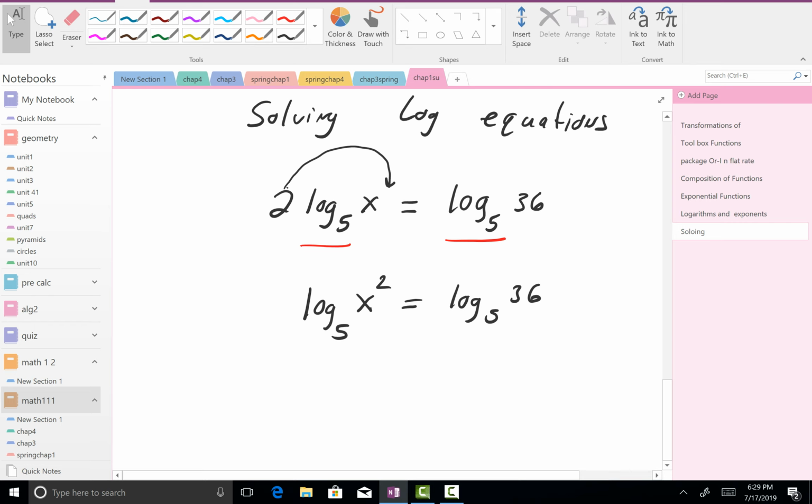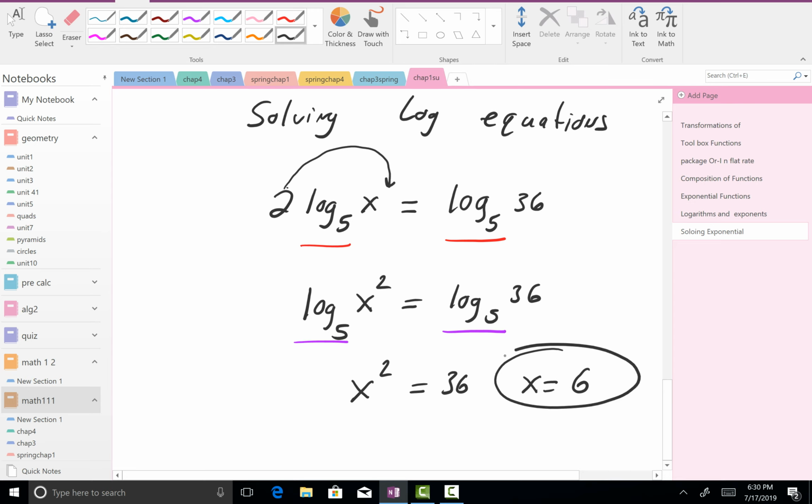Once we have that, since these things are the same bases, they kind of cancel each other out, and we're just simply left with this, which means that x has to be 6. It can't be negative 6 because then it would be taking the log of a negative number. We can't do that. So it has to be a positive 6.